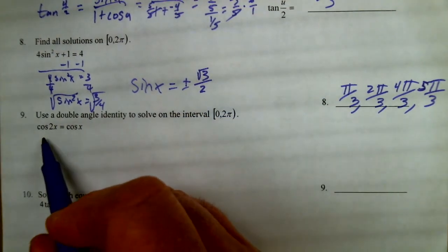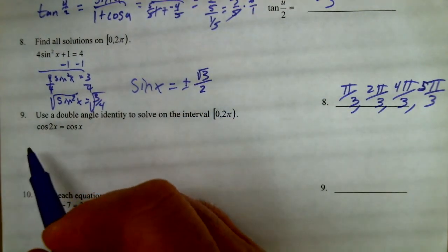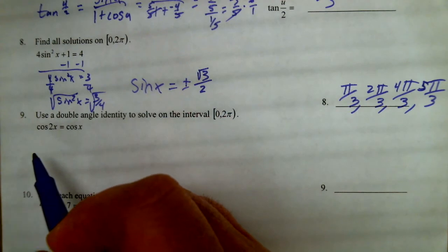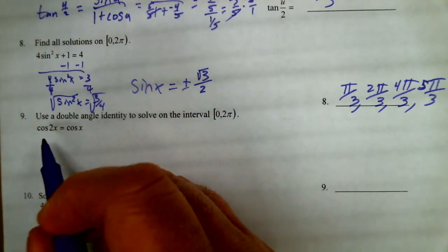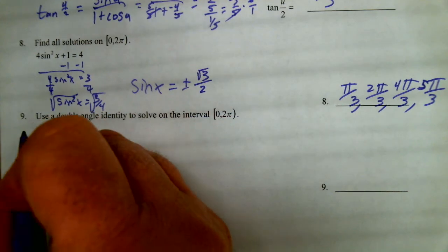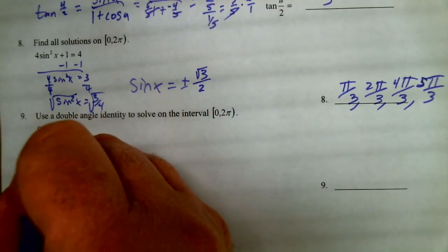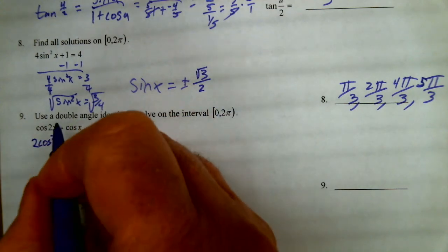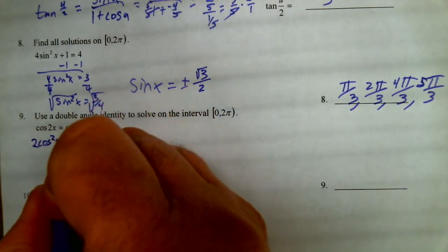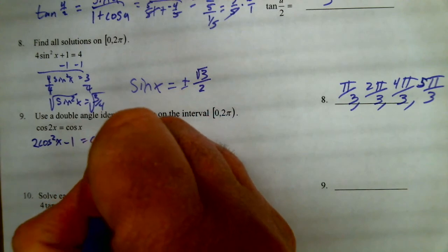Let's take a look at question number 9. We have a double angle formula here, and if I go to my sheet, I know that there are 3 different ones. I'm going to pick the one that has all cosine in it. So I'm going to rewrite this as 2 cosine squared x minus 1 equals the cosine of x.